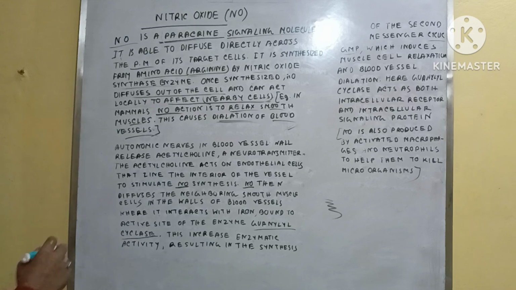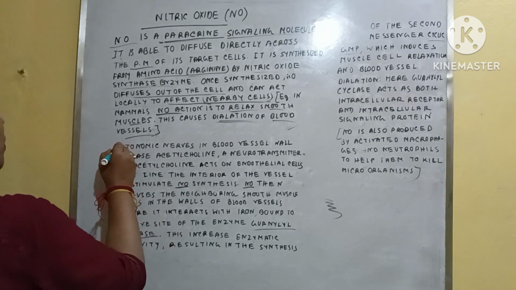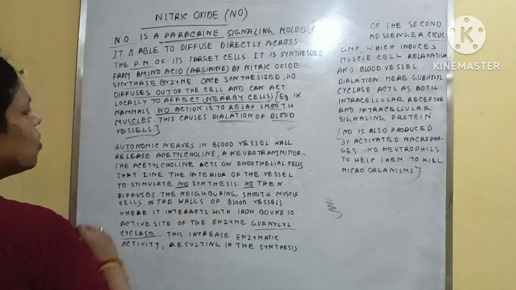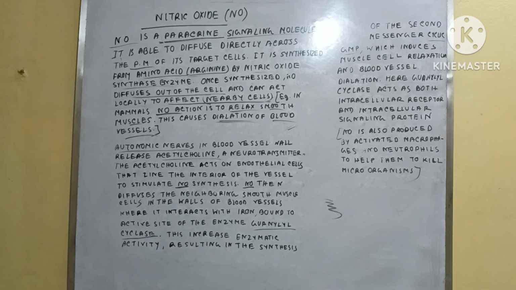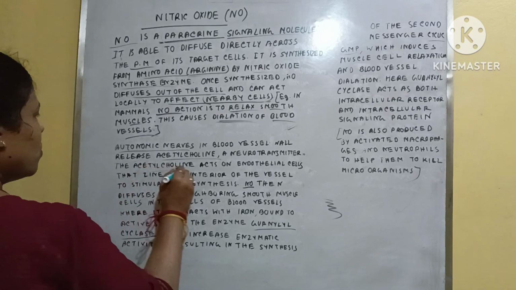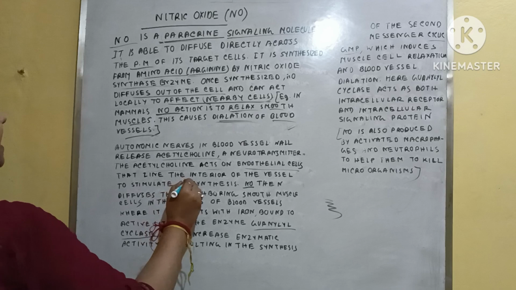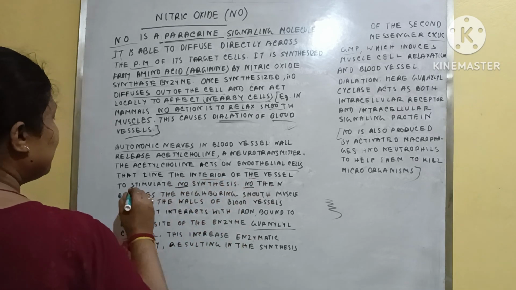First, in some cases the autonomic nerves in the blood vessel wall release acetylcholine, which is one kind of neurotransmitter. This acetylcholine acts on the endothelial cells that line the interior of the blood vessels.